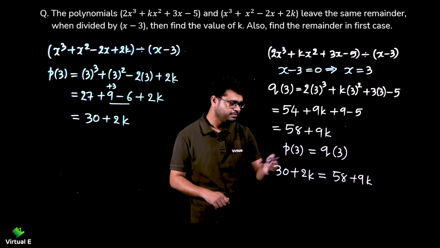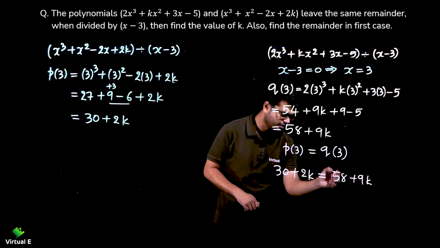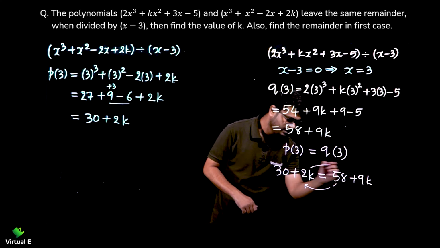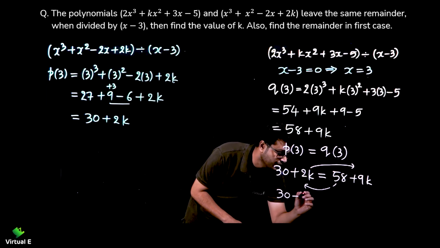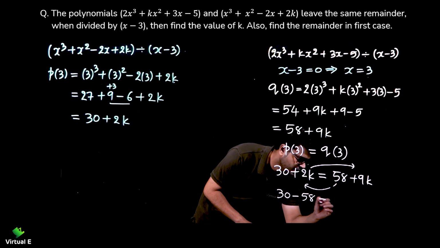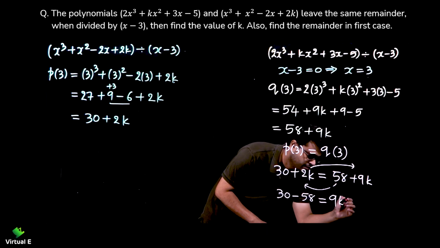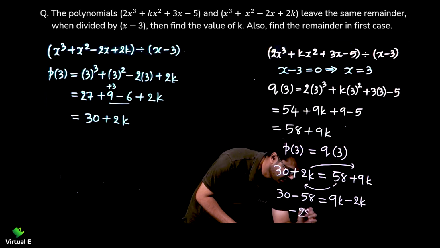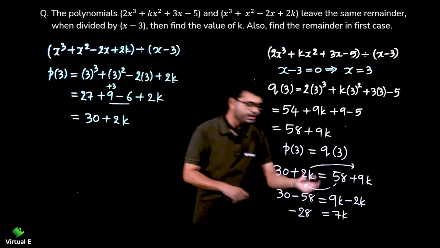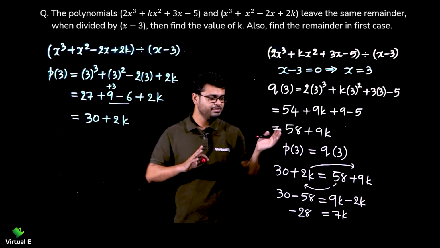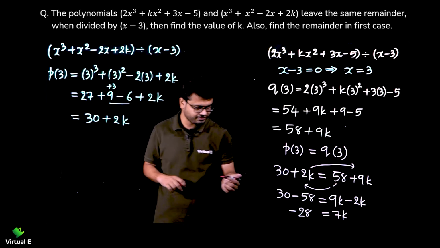So let's keep this 58 over here and 2k there. So this will become negative and 2k will go there. So 30 minus 58 is equal to 9k minus 2k. So here minus 28 is equal to 7k. That's a linear equation in one variable, very simple to do. So let's solve it further.